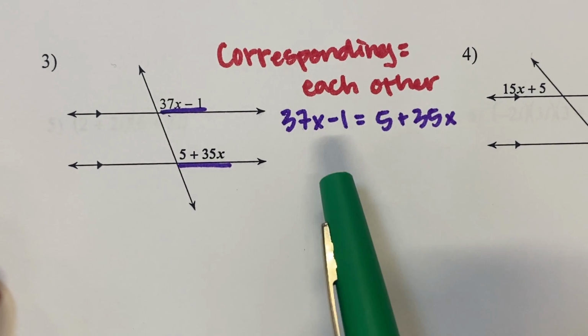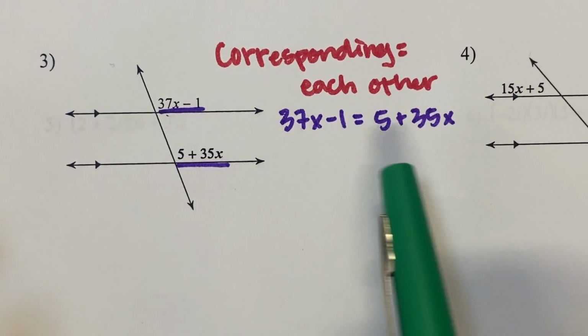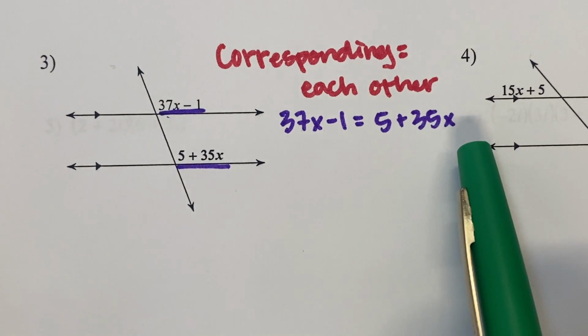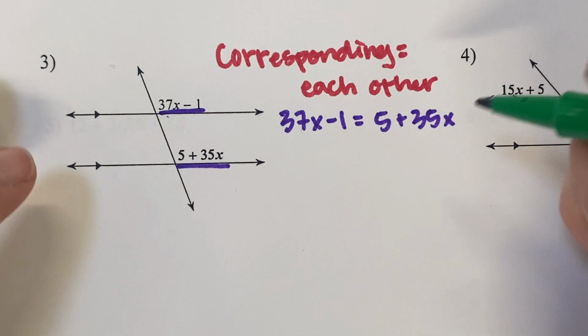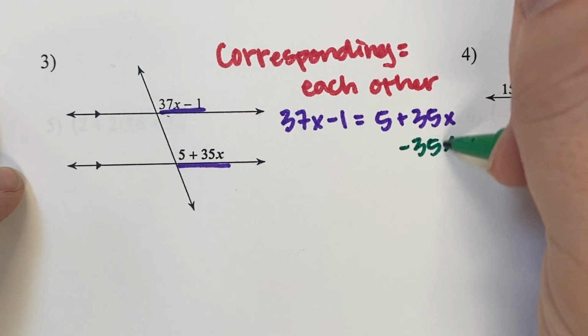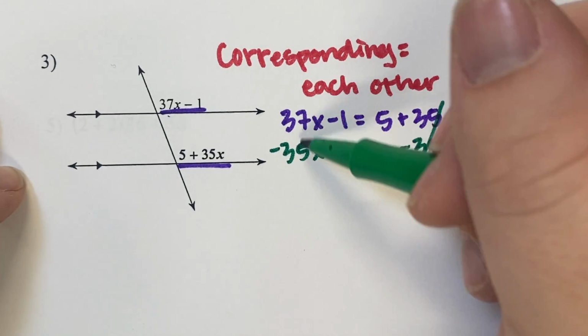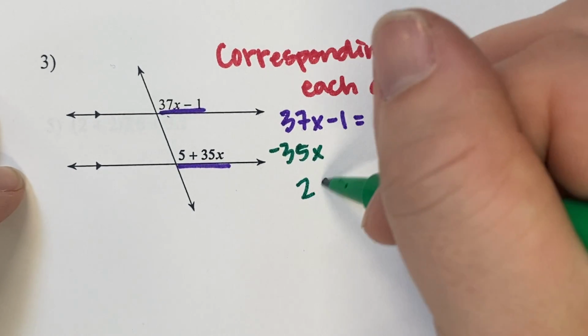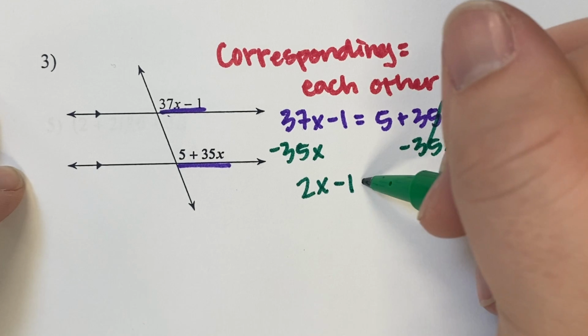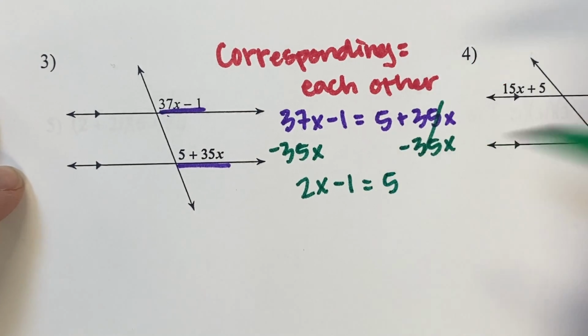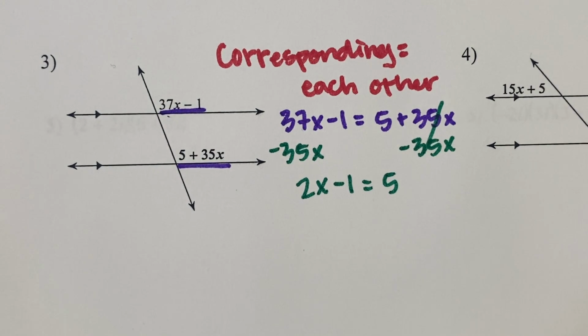Well, in order to solve for x, again, I need all my x's on one side. I have 37 over here, 35 over here, so I'm going to move the 35 by doing the opposite. Subtract 35x. So now I have 37 minus 35, which gives me 2x minus 1 equals 5 left on that side.